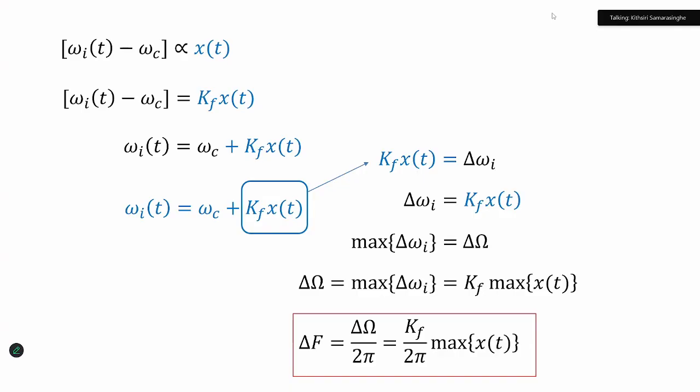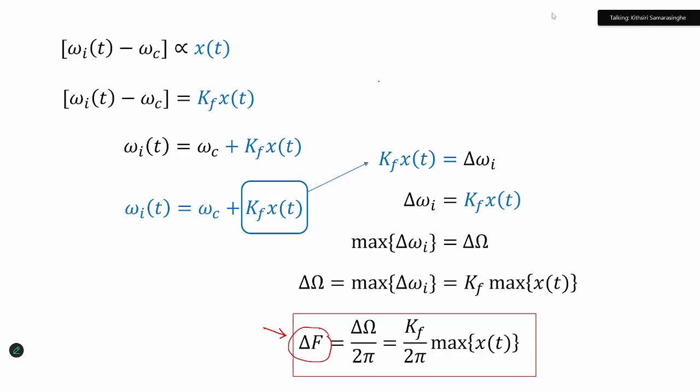Then divide that by 2π, you will get the peak frequency deviation, which I'm going to write as delta F here. Peak frequency deviation. Remember that also. Earlier we defined for the PM, we were defining peak phase deviation. Here we define peak frequency deviation, which is kf upon 2π multiplied by the max peak value of x(t).